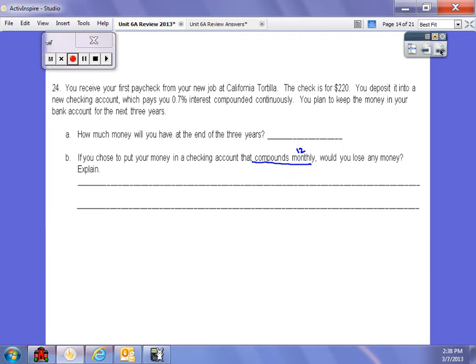Alright, next section says that you have your first paycheck and it is compounded continuously. And the first paycheck is $220, and that is E because it says continuously. Now that's 0.7%, so you have to divide that by 100, and that gives you 0.007.